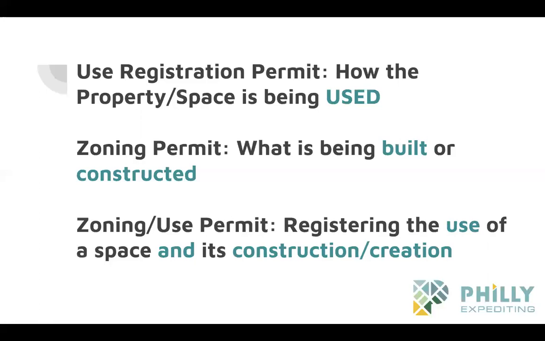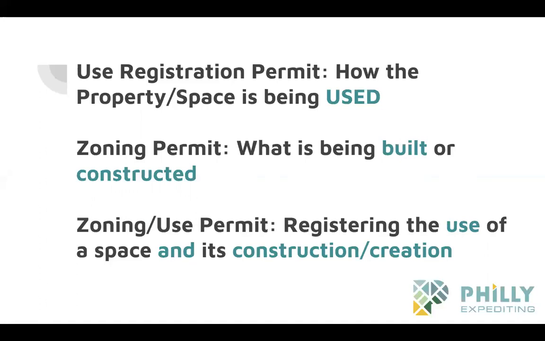It may not be how the city explains it, but it's how each permit is broken up. A zoning permit is what is actually being built or constructed, and a zoning use permit is when you're simultaneously registering the use of a space and its construction. Got it. Does that make sense?